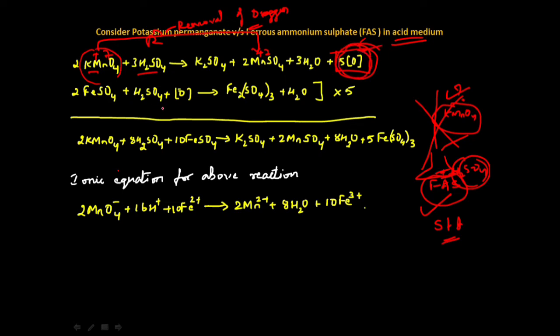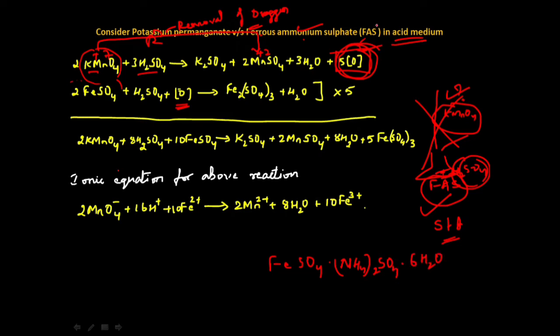So this free oxygen will oxidize this ferrous sulphate, that is nothing but Mohr's salt. So Mohr's salt composition is ferrous sulphate and ammonium sulphate dot hexahydrate, isn't it? So in that we will be having ferrous sulphate. Mohr's salt, or FAS, is nothing but ferrous sulfate, (NH4)2 sulfate dot hexahydrate.